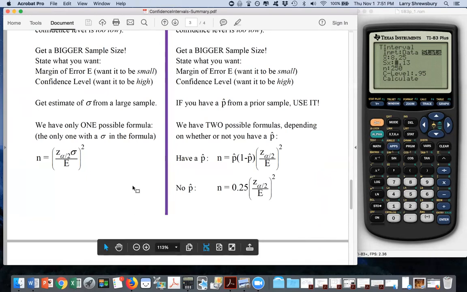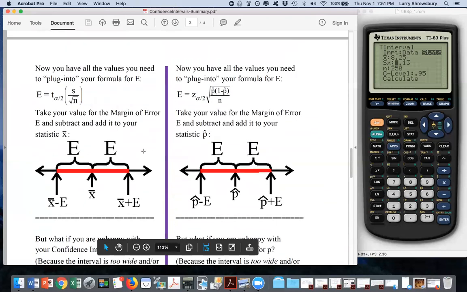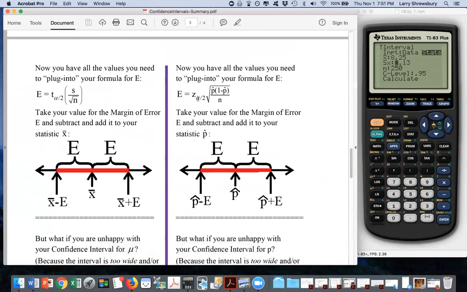Now, if you look back at the formulas here, like for E, if you just use algebra and solve for n, you'll get the sample size formulas. Over here, when you have really large sample sizes, the t distribution becomes a z distribution, so just turn that into a z.